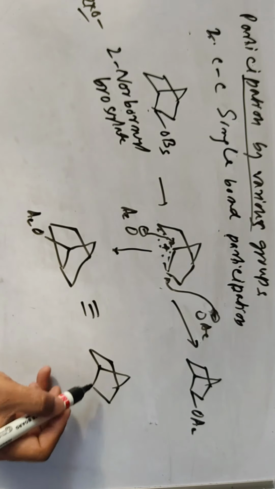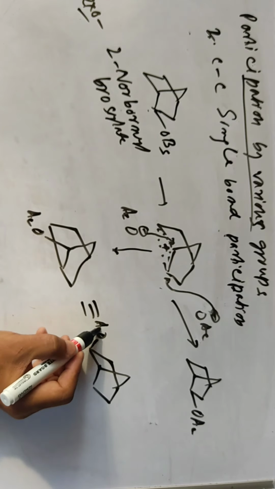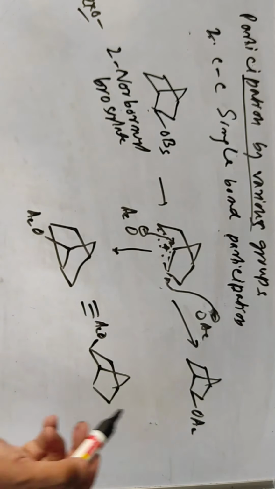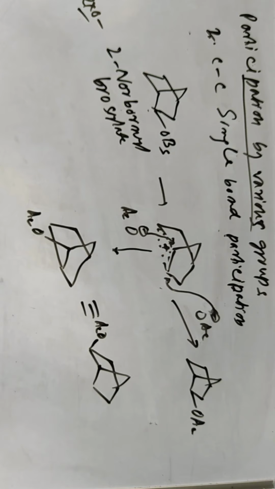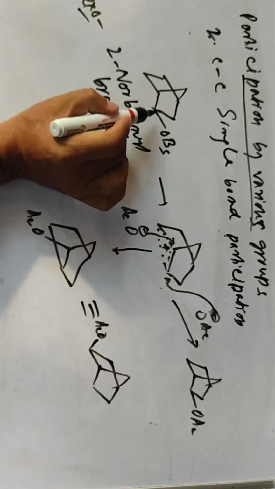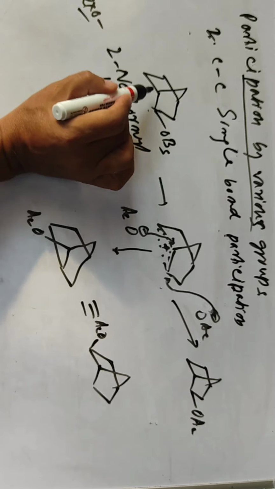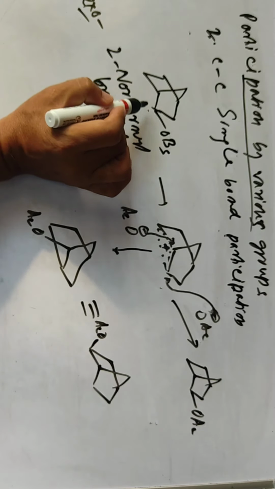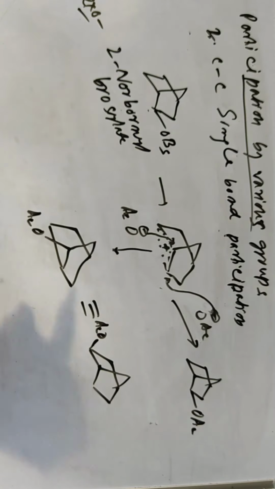So you get the exo product OAc; these are all exo acetates, the same molecule. This is how single bond C-C participation takes place in a neighboring group. The positive charge is here, and then single bond participation takes place this way, or it takes this way. These are further examples of single bond participation.